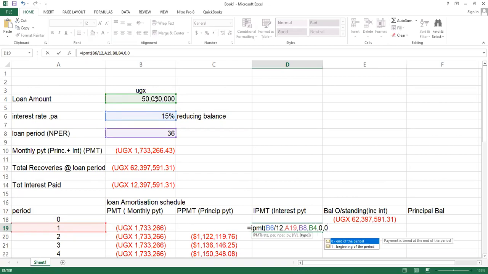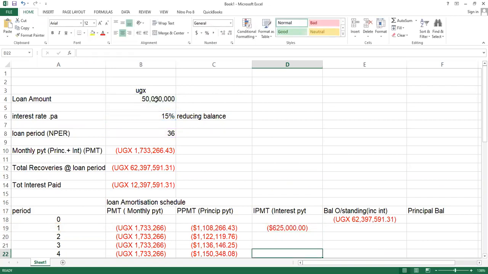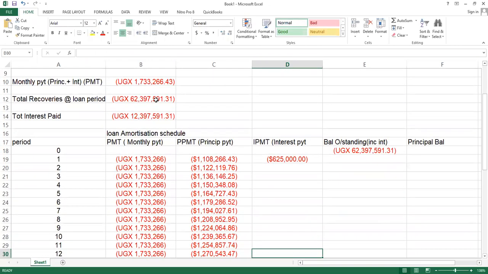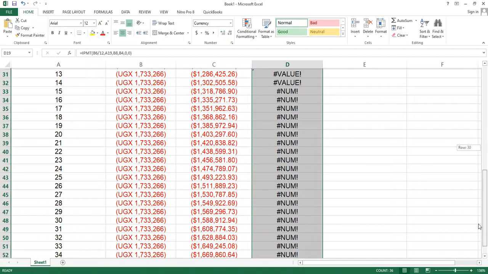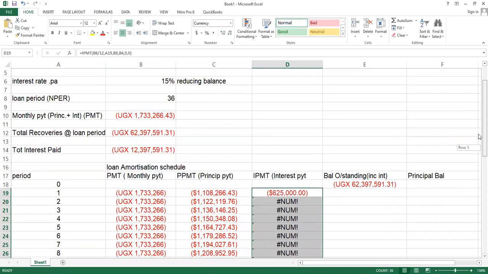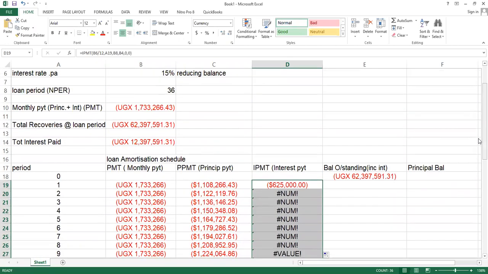Then I close the bracket. Now let me press enter, and I will not lock the cells. You'll see what will happen. If I press enter, of course, it will give you the first month. But if you scroll down or drag, and you've not locked the other variables, which are constant, you will not be able to get the amount for the remaining periods.